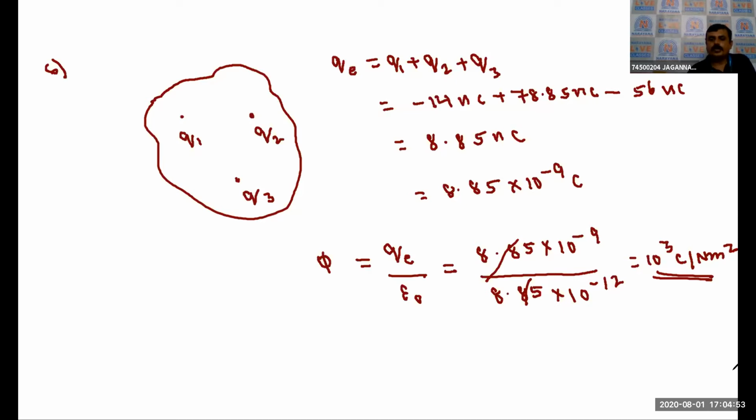Okay, now the next question, question number 7. What is question number 7? An infinitely long thin straight wire has a uniform linear charge density.